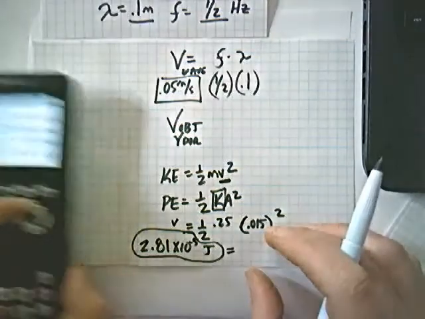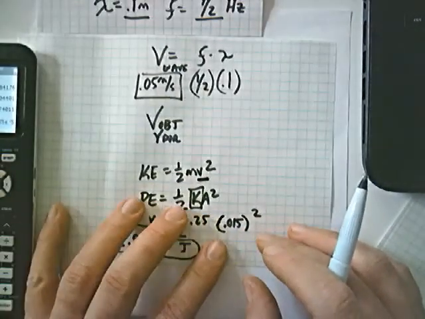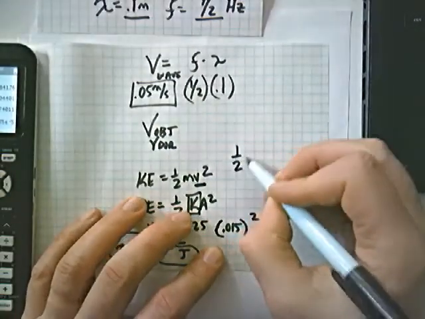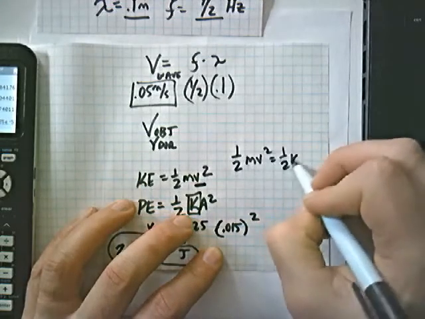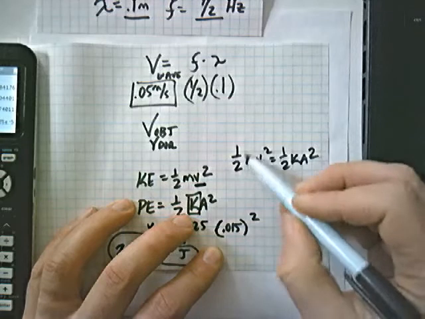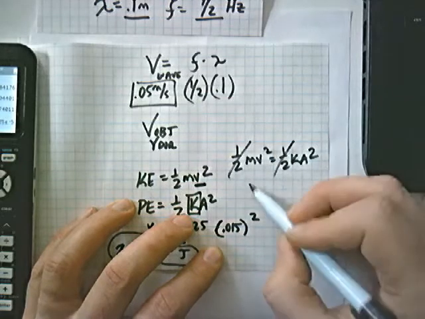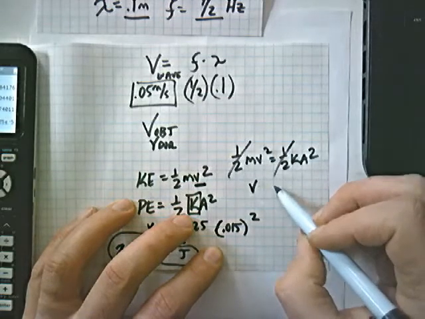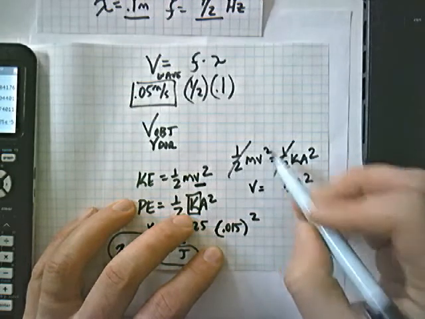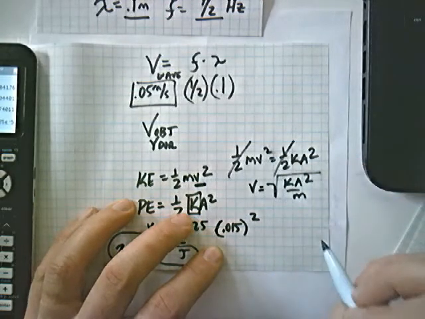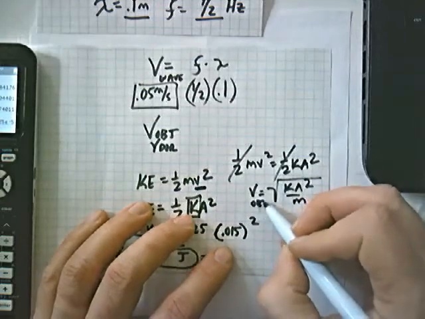In fact, when you set these up equal to each other, you get to get rid of a couple things. So watch what I'm going to do here. I'm going to cancel the halves. I'm going to get v by itself. So I'm going to get ka squared divided by m. Still v squared, so I got to square root it. This will tell me the velocity of the object in the y direction.